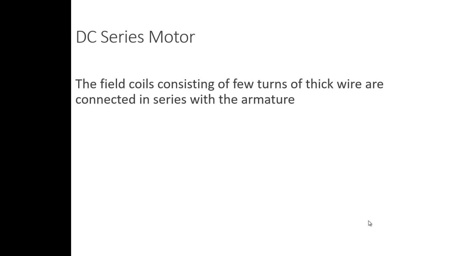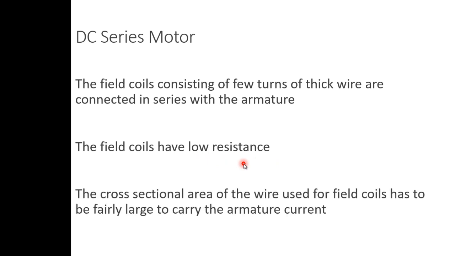Next, the DC series motor, which is one type of self-excited DC motor. The field coils consist of very few turns of thick wire and are connected in series with the armature. The field coils have low resistance. When compared to the shunt field winding, the field resistance of the series motor is very small.